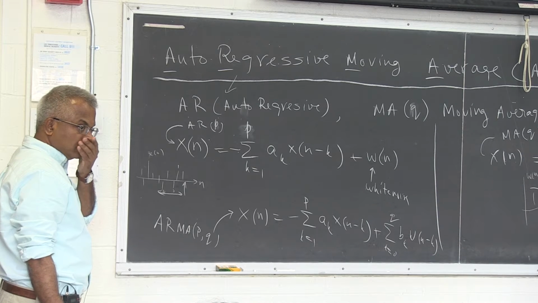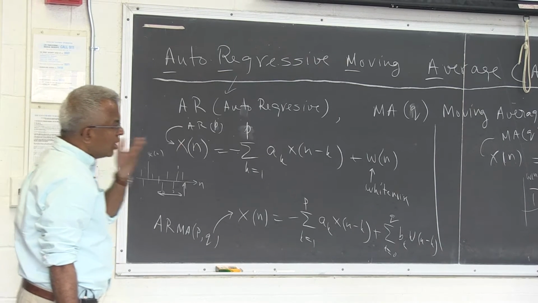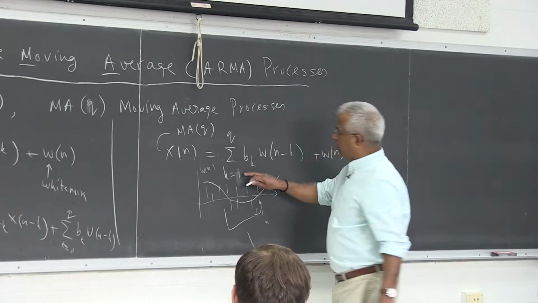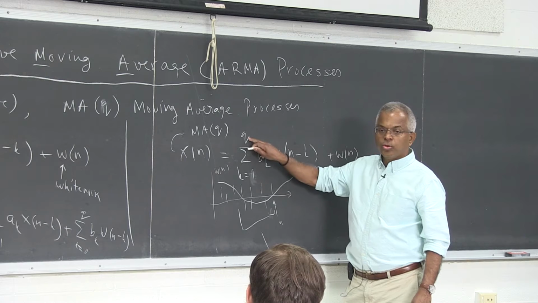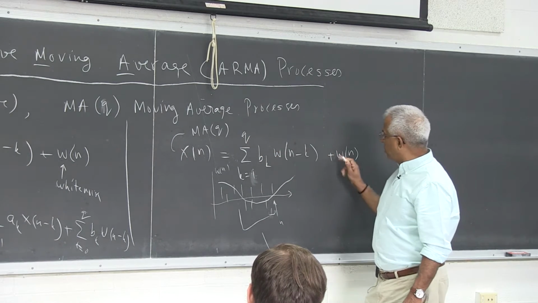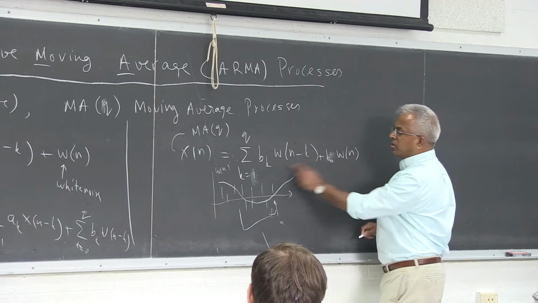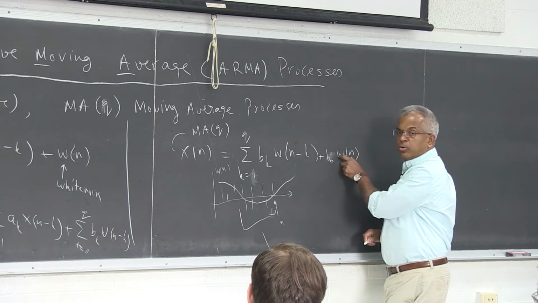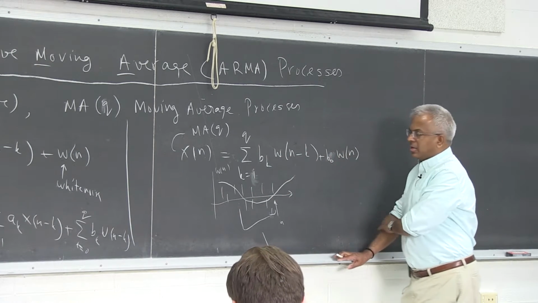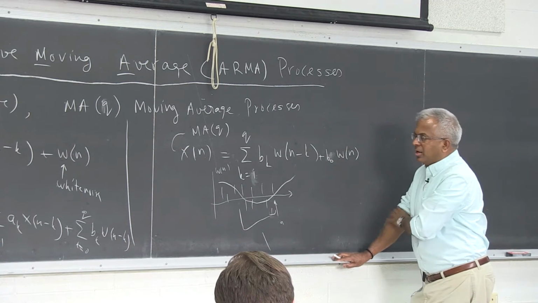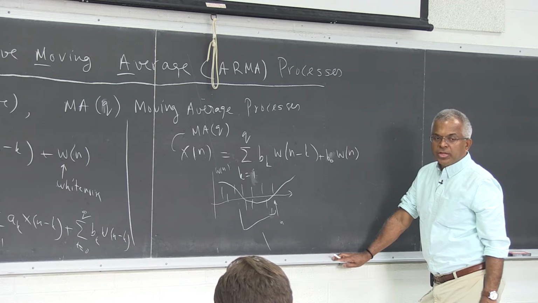You have two w's there, are those the same process? No. Remember, previously I wrote it as k from 0 through Q. If I pull the 0 term out, to be precise, this would be b naught. When you put k equal to 0, you get w of n. So I just took one term out, and I should have kept the b naught here.